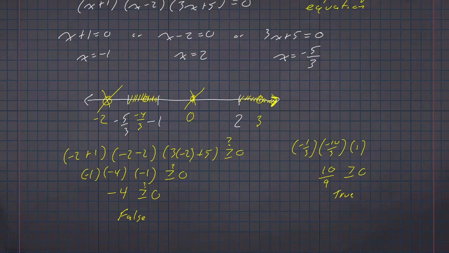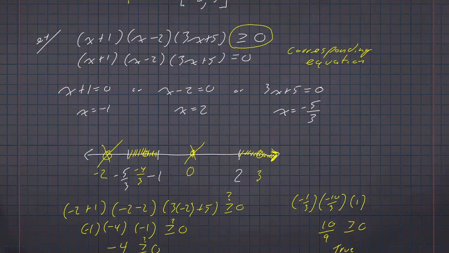Last thing, if I scroll up a little bit to get to the original inequality, in this particular inequality, we are looking for greater than or equal to 0. And the 3 points that we originally plotted, -5/3, -1, and +2, are points where that expression is equal to 0. So those 3 points will also satisfy the greater than or equal to 0.